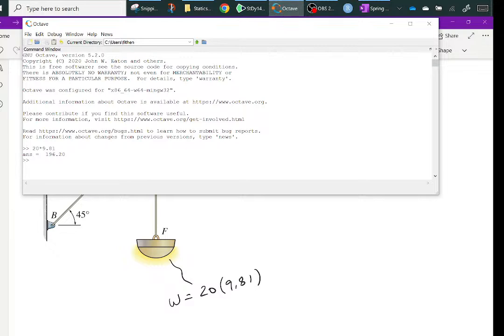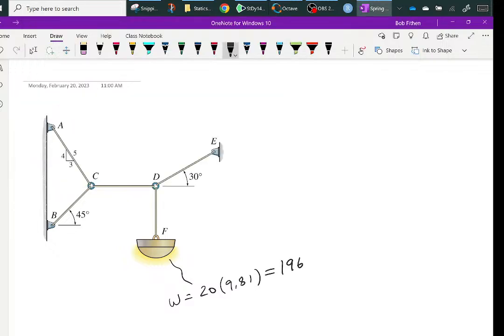Oh, okay. 196.2. Okay, so that's going to be the weight. So obviously that's going to be the tension in this thing. So this thing's going to have to be 196.2, and this one's going to have to be 196.2 as well.